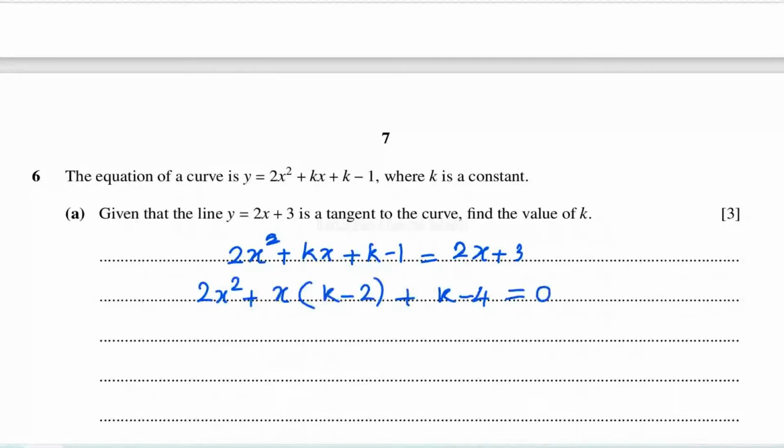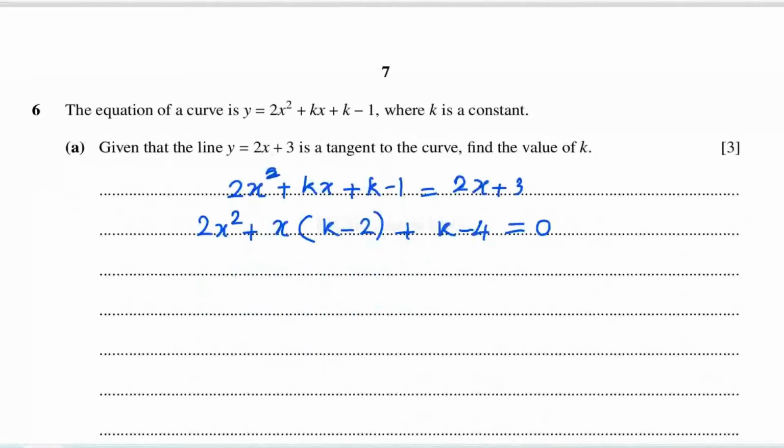So it's given the line is a tangent, so b squared minus 4ac is equal to 0. So what is b square here? k minus 2 the whole square minus 4 multiplied by a is 2 and c is k minus 4.